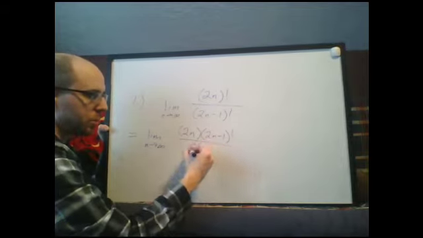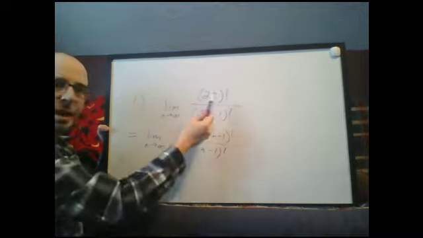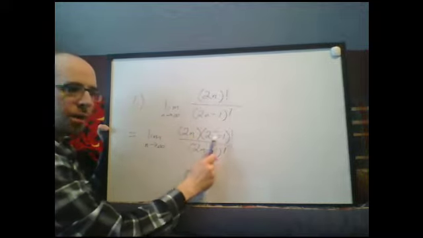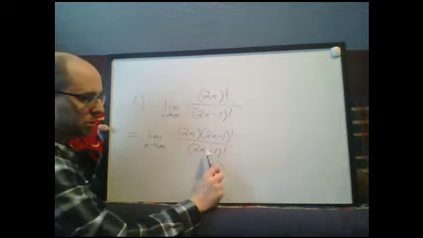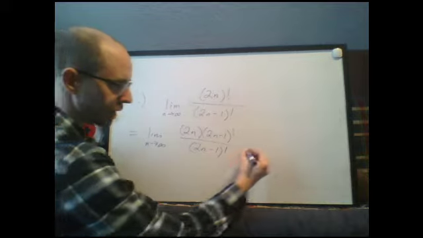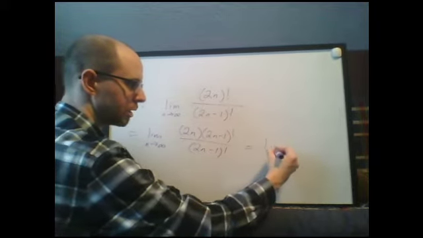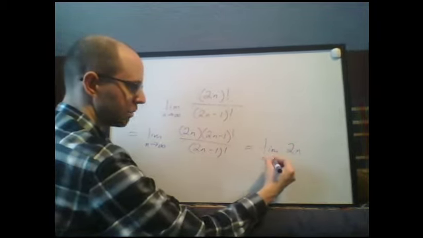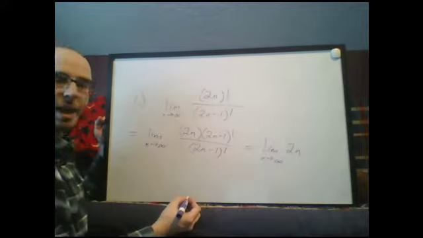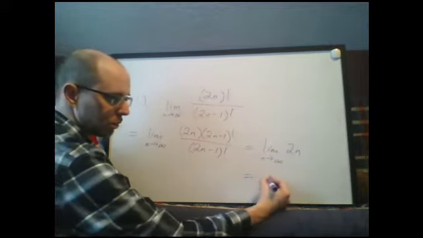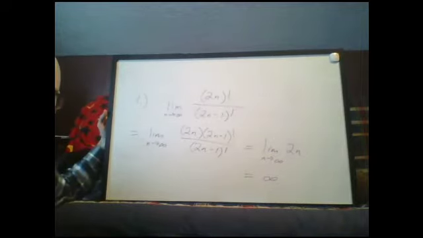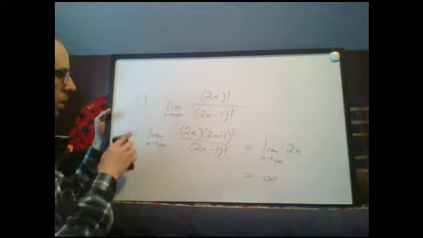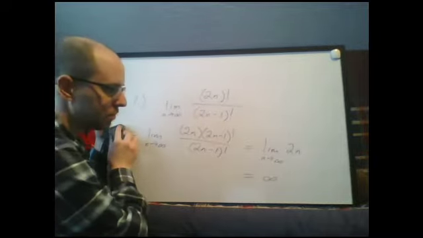So you take that bigger factorial and you start writing out its factors until you get to the other factorial that you're trying to cancel. Once you do that, the 2n minus 1 factorials cancel. I'm left with just the limit of 2n as n approaches infinity, and that's going to grow to infinity. So that's problem 1 about sequences.